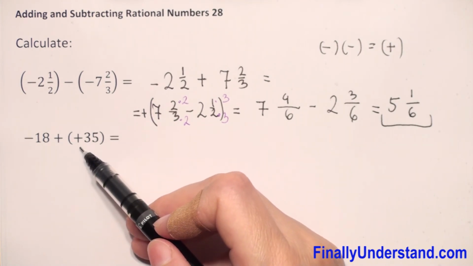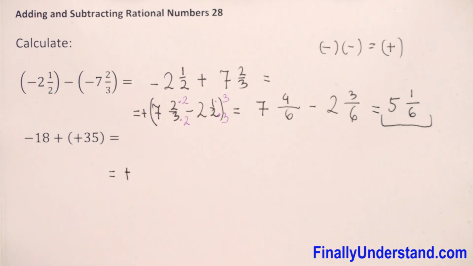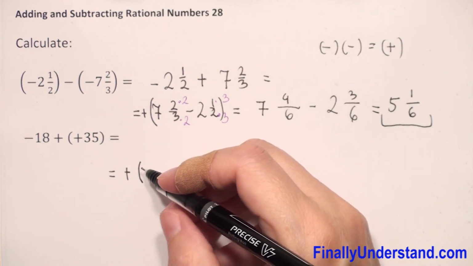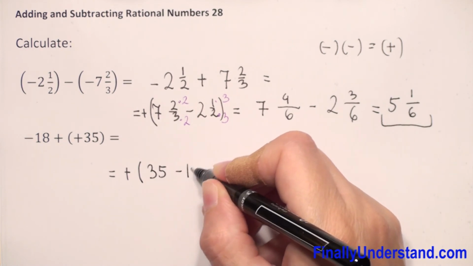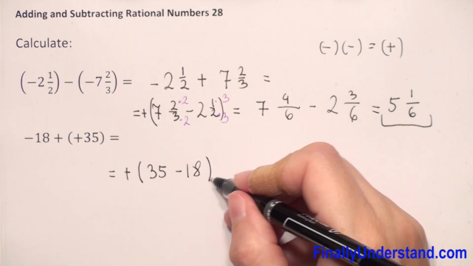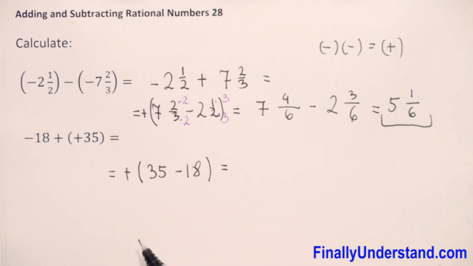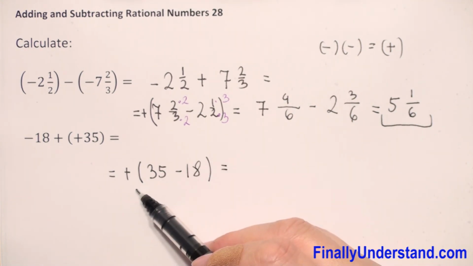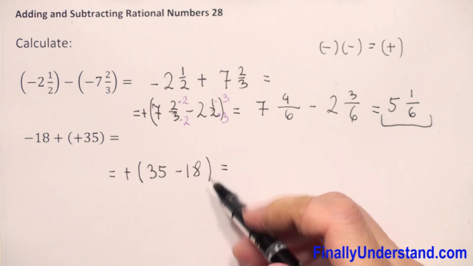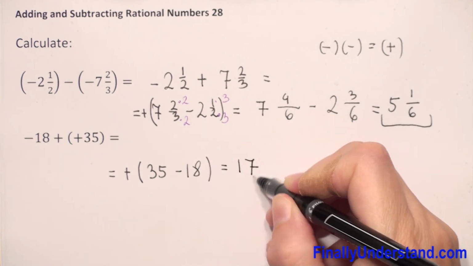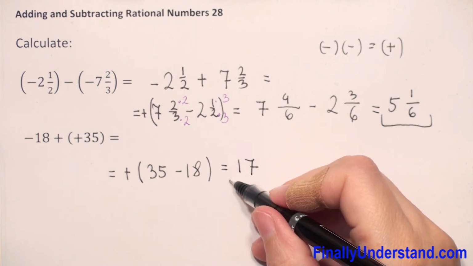Before 35, we have a positive sign. So we copy this positive sign, and in parentheses, we subtract the smaller number from the greater. So this is equal. Positive sign we don't have to write. 35 minus 18 is 17. This is my solution.